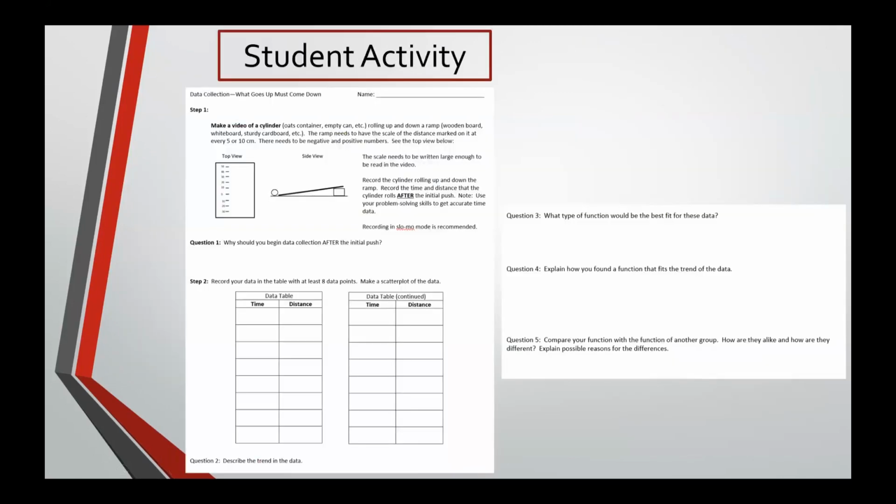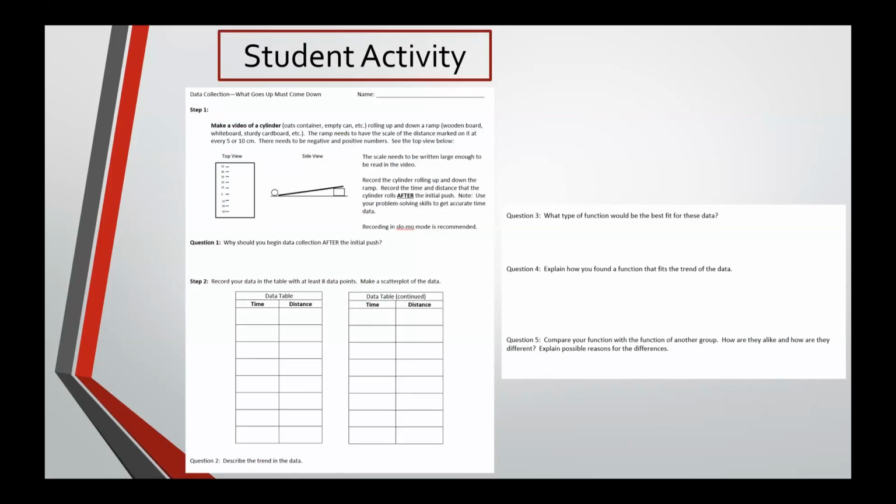And here's the student worksheet. The first question I asked students was, why should you begin data collection after you start pushing it? And there's where I brought in a little bit of physics, because we wanted the acceleration on the ramp to be only gravity.